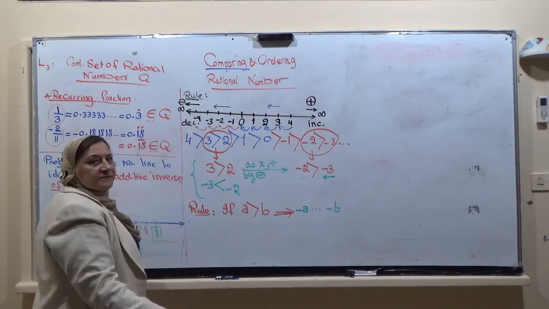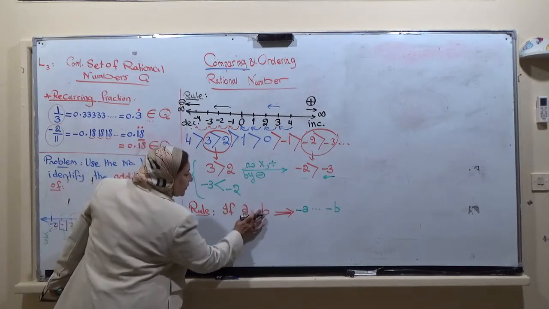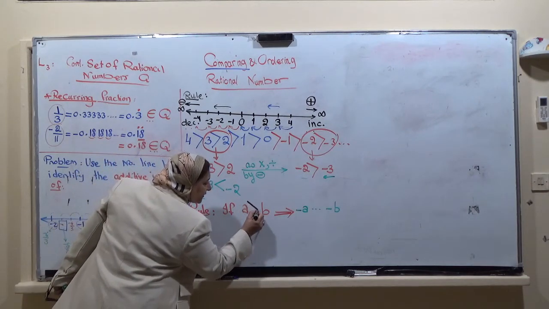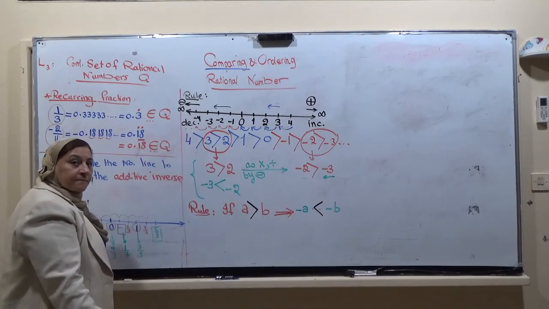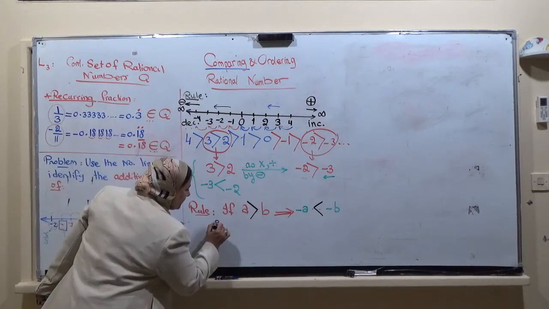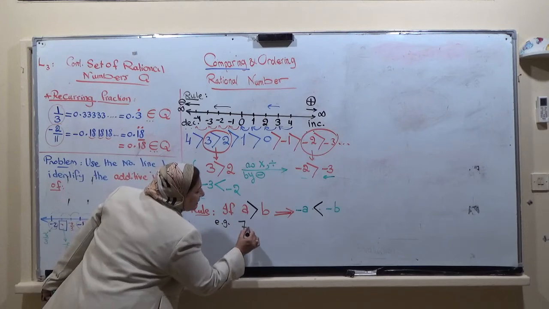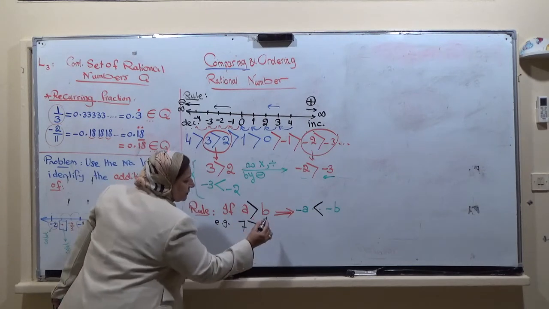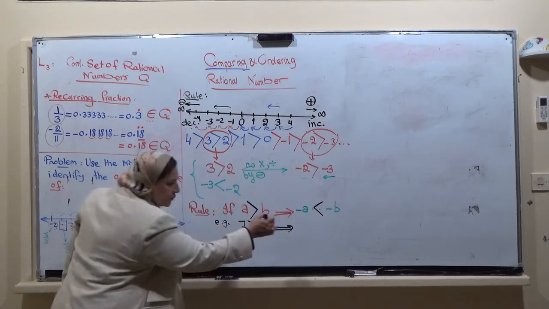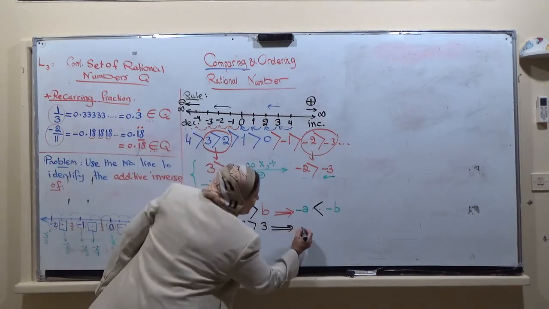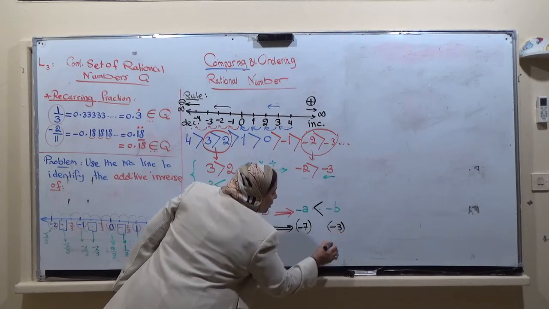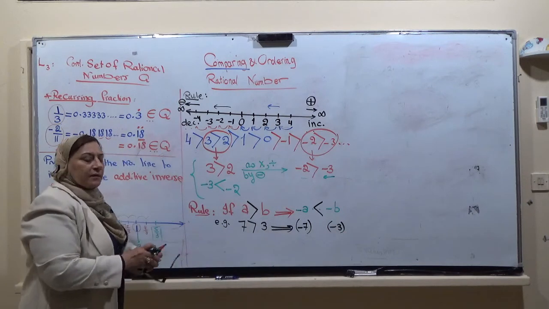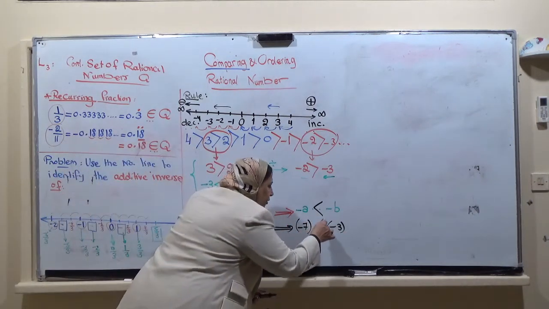It will be in the opposite direction. This greater sign becomes smaller. For example, 7 is greater than 3. By the same rule, if you put negative 7 and negative 3, you have to change the sign. The greater must be smaller.